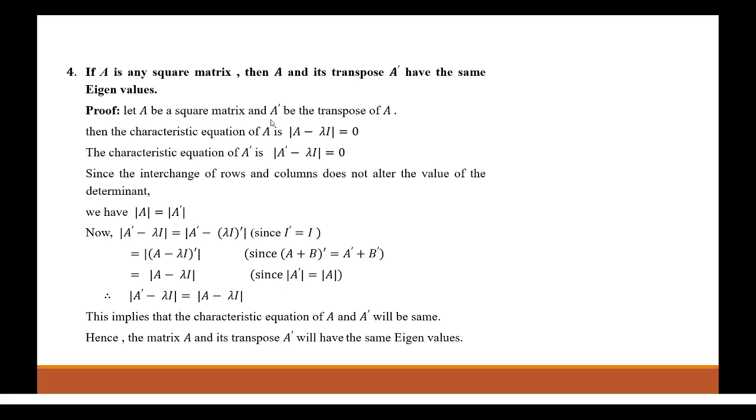Since the interchange of rows and columns does not alter the value of the determinant, we have determinant of A is equal to determinant of A dash.